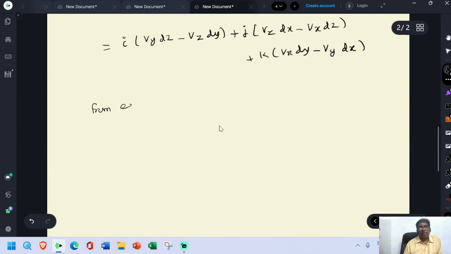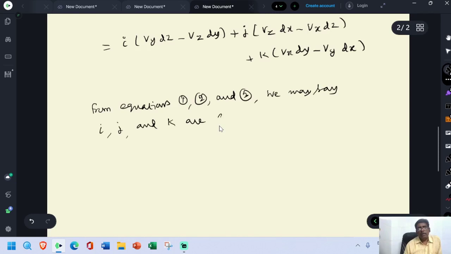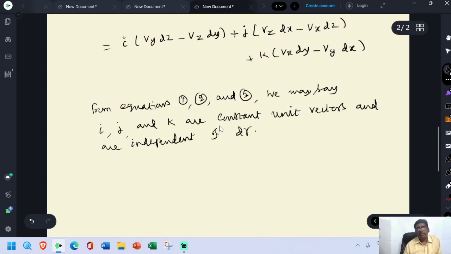From equations 1, 2 and 3, we may say i, j and k are constant unit vectors and are independent of dr. So that their direction and magnitude are not changed, so that they are present outside the integral.